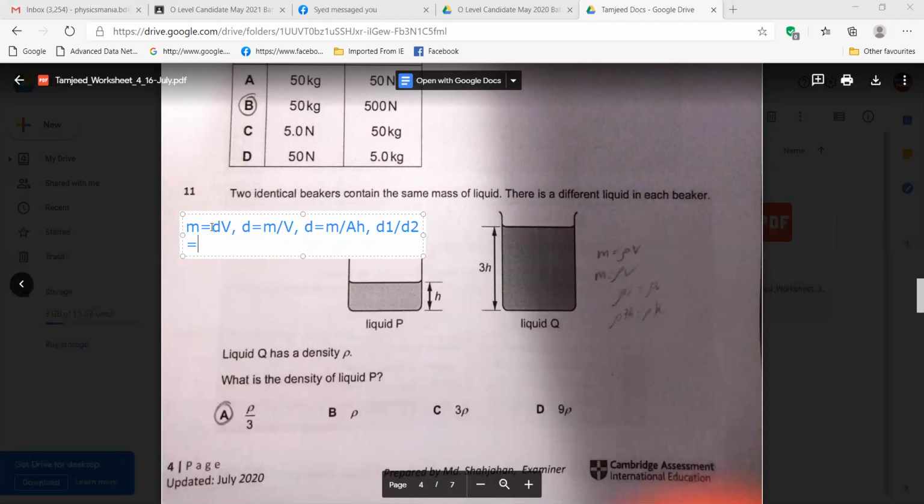How can we write now? M by h divided by m by 3h.